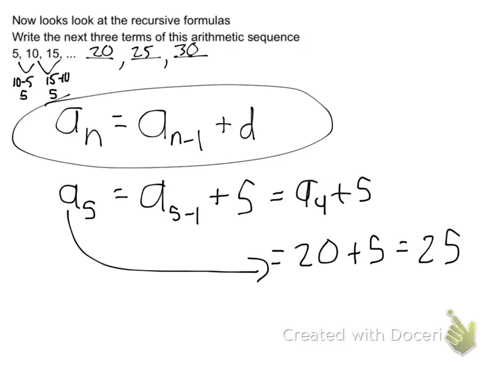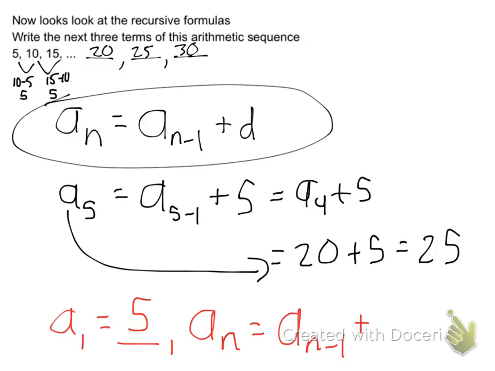This is what it should look like. So down here, let's actually write it before I explain any more. A sub 1 equals, what's the first term, guys? 5, comma, A sub n equals A sub n minus 1 plus, what's the difference? 5, where n is greater than or equal to 2.